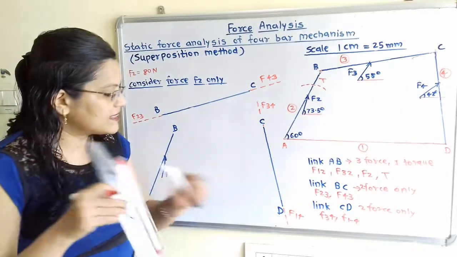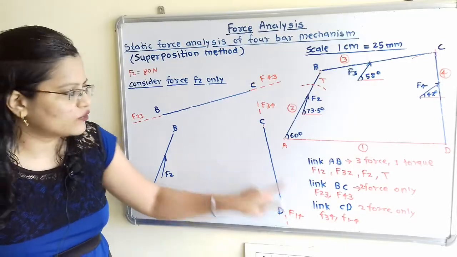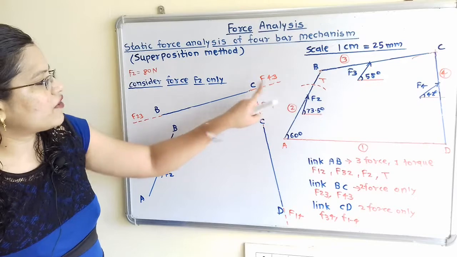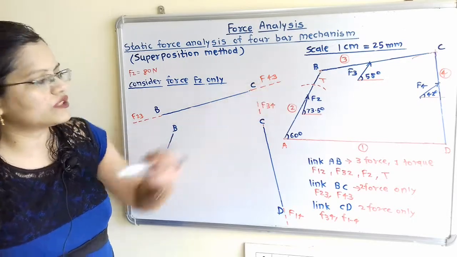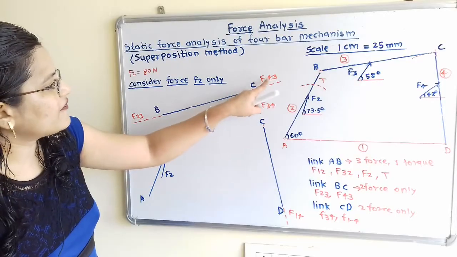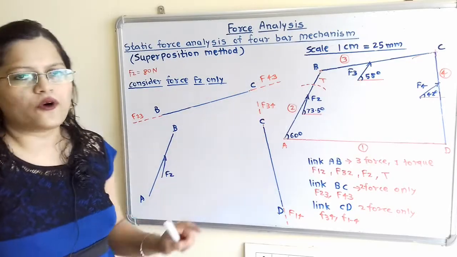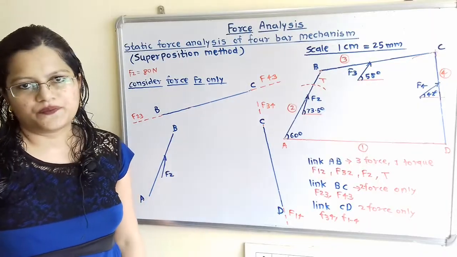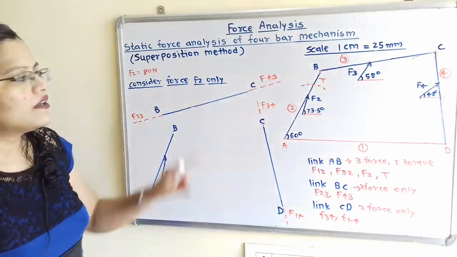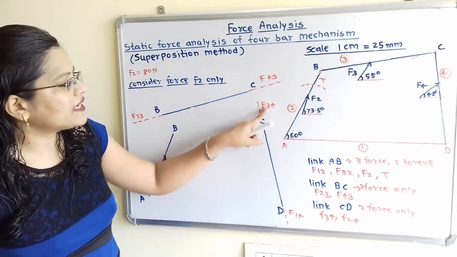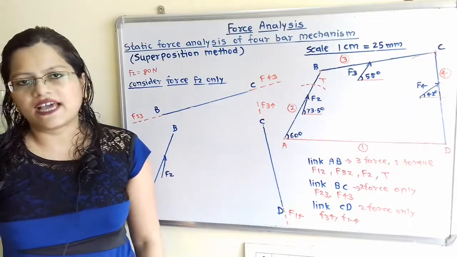So we can say that this is the line of action of F1 to 4, this is the line of action of F3 to 4, and this is the line of action of F4 to 3. Now if we observe, the lines of action for F4 to 3 and F3 to 4 are not in the same direction. So what is the rule? That is, these forces are equal in magnitude but opposite in direction.